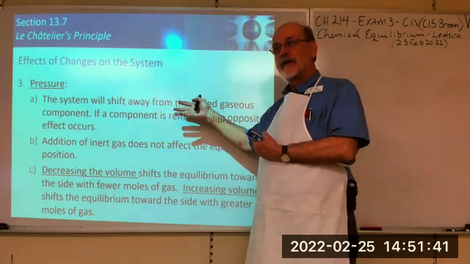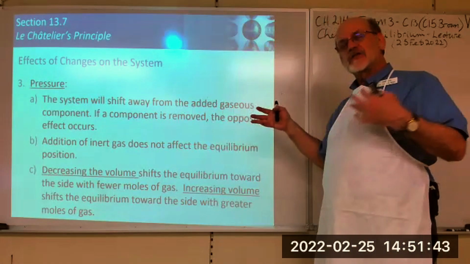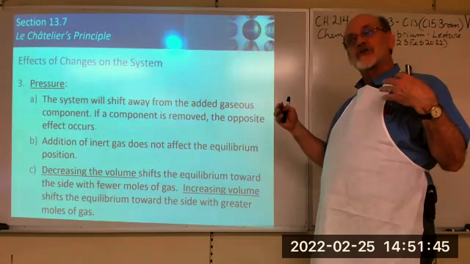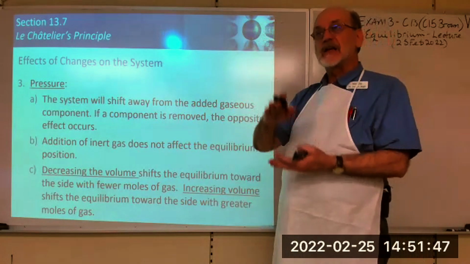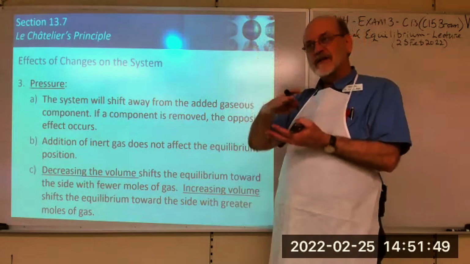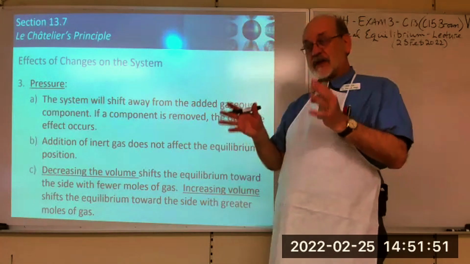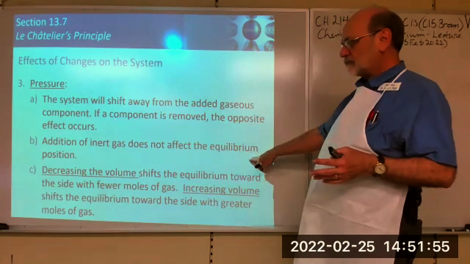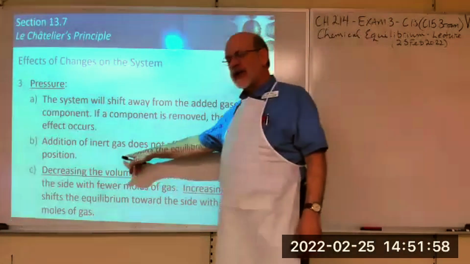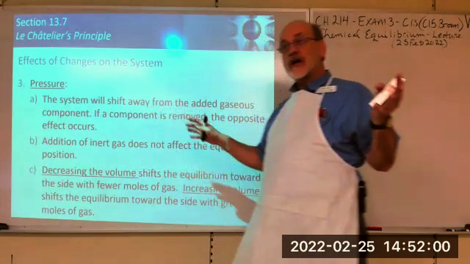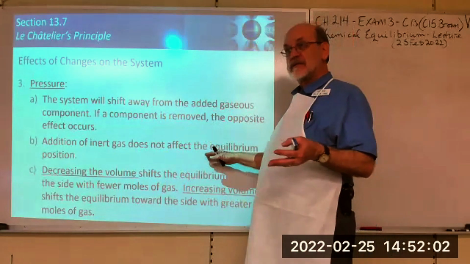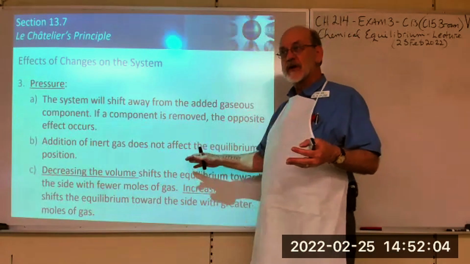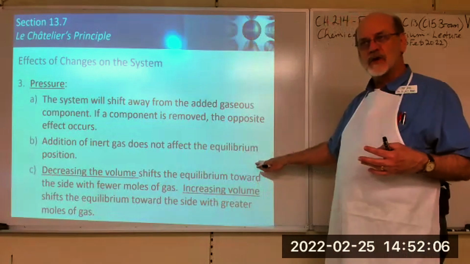That's already done. But if we change the pressure by changing the volume, right? If we squeeze it, that increases the pressure, then you get a reaction. But if we simply change the pressure by adding an inert gas, that does not change the concentration of any of the reactants or products. So it will not affect the equilibrium position.